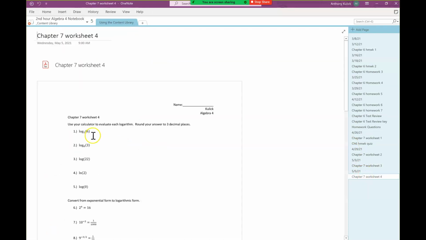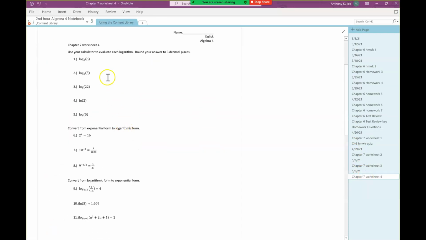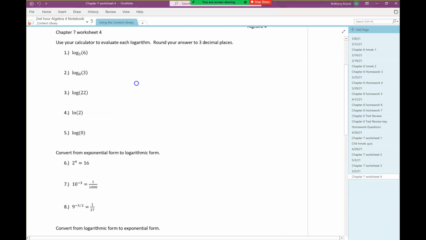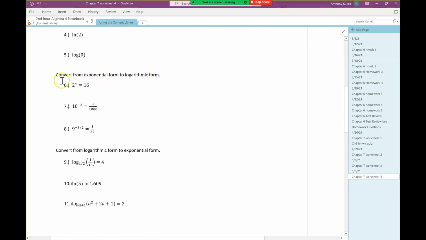So for this homework, I have a couple of different kinds of problems I'm going to ask you to do. A couple of problems I'm just going to ask you to use your calculator to evaluate. So just practice using your calculator. Round your answers to 3 decimal places, no big deal. Here we're just going to be converting between the forms using the definition.